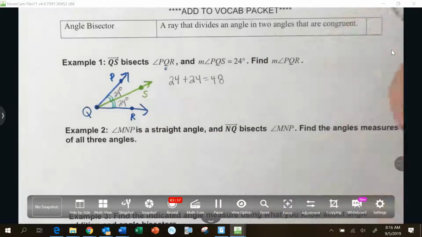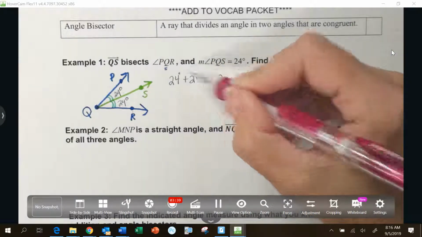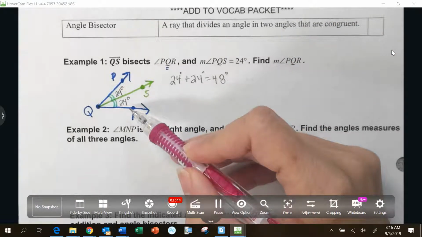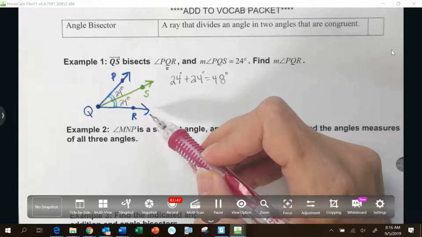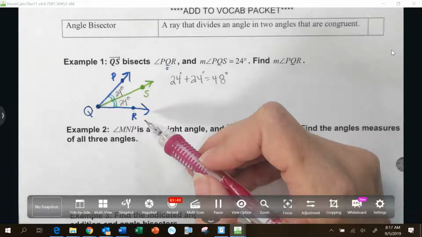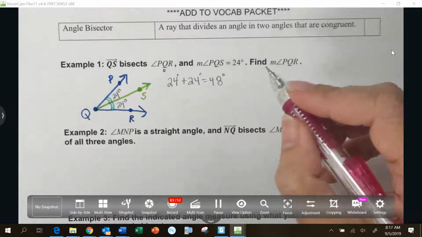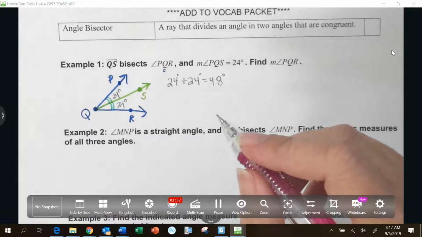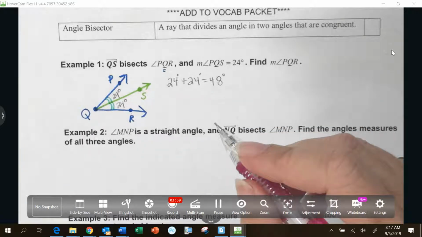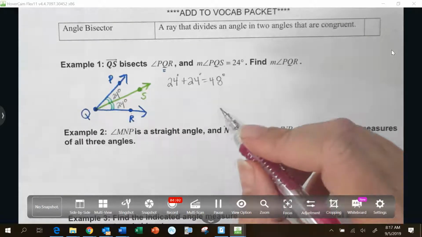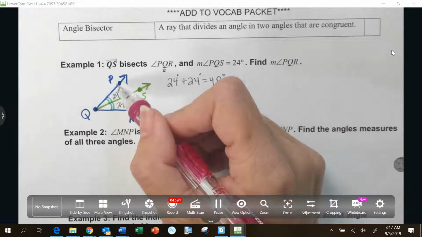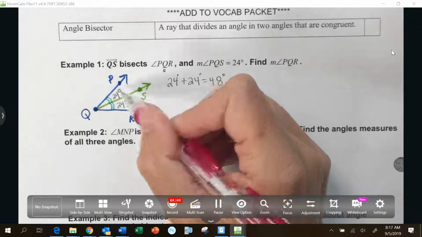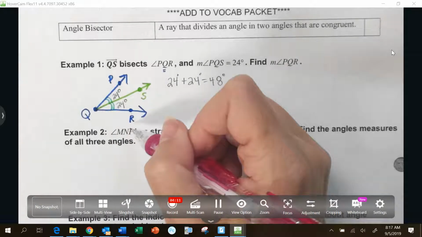Here's a crazy question. What allows me to add together the two smaller angles to equal the big angle? Lynn, what is that called? Ooh, no. Definition of congruence would be if they are congruent, then they're also equal. If they're equal, then they're also congruent. What allows me, listen to the words I'm saying, to add together these two angles, and together, when we add them together, they make a big angle?